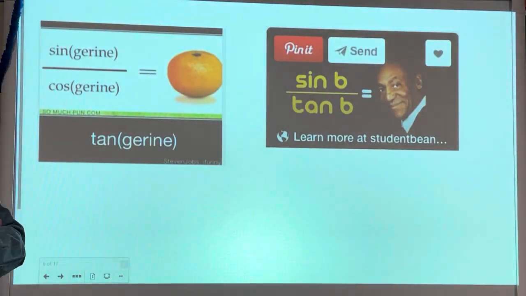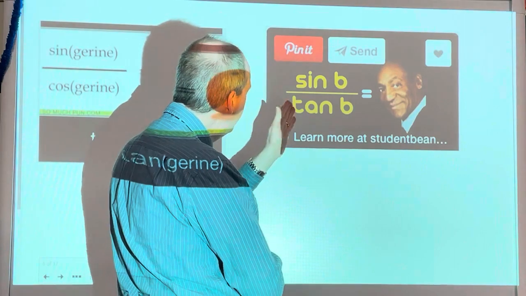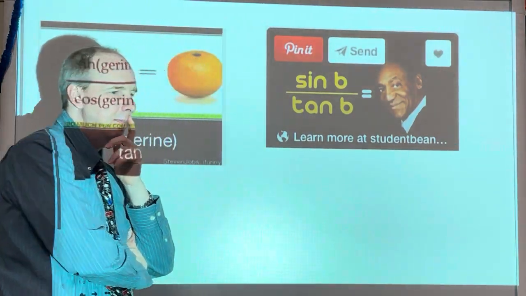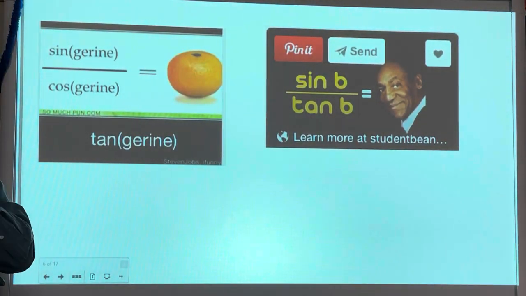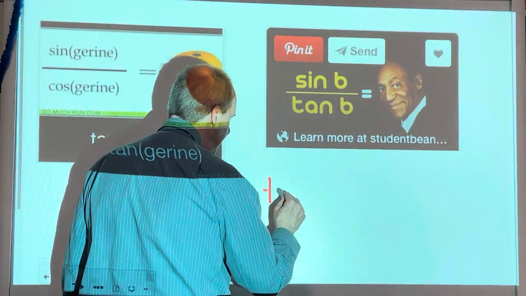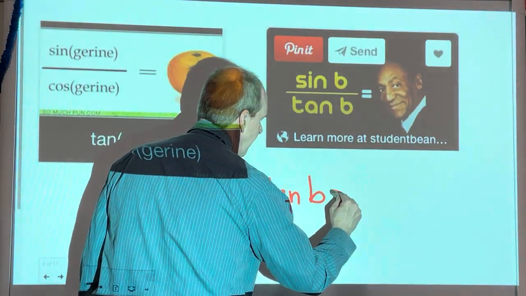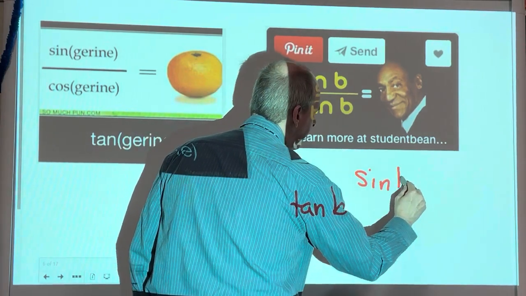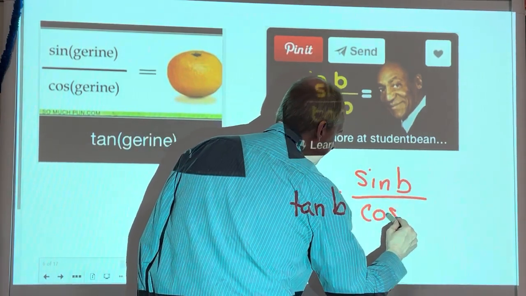Here we go. Here's a new one. Sine of angle B divided by tangent of angle B. Well, I thought tangent was equal to sine divided by cosine.